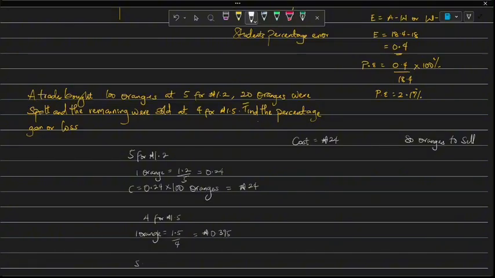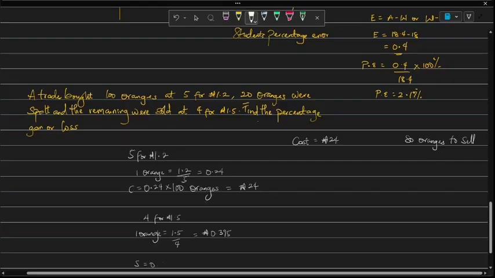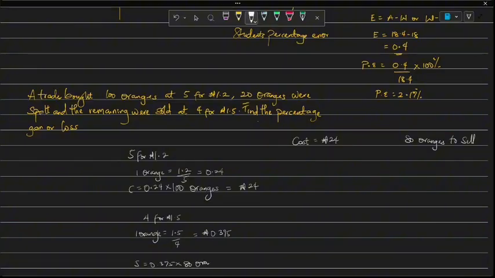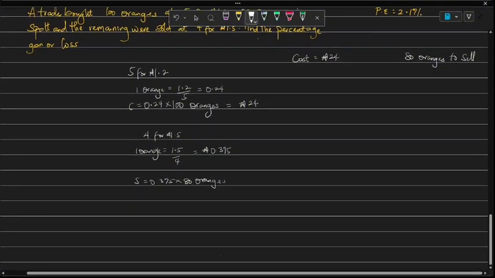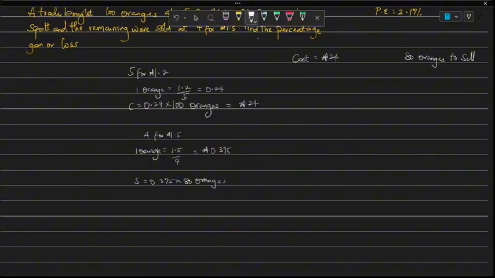Therefore, the selling price is 0.375 multiplied by 80 oranges to sell. Don't forget, we don't have the entire 100 to sell, we have only 80. So 0.375 times 80 gives 30. So the amount we made from our sales is 30. So cost is 24, sales is 30.